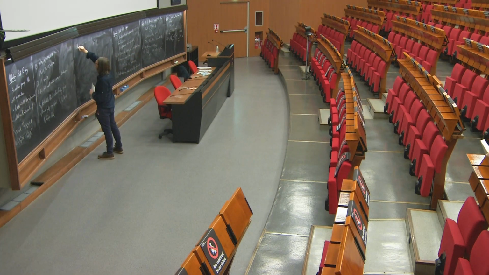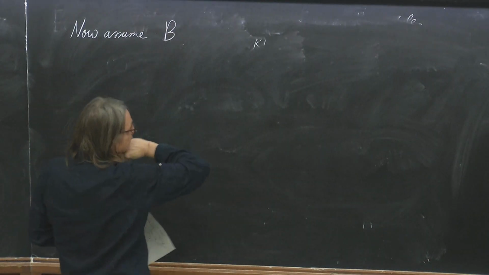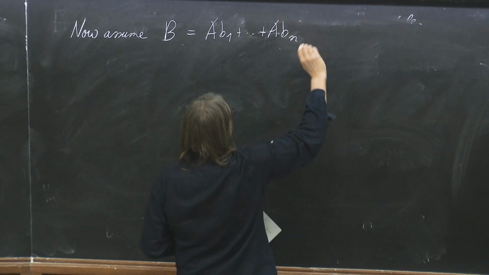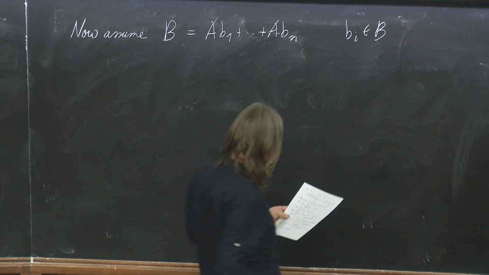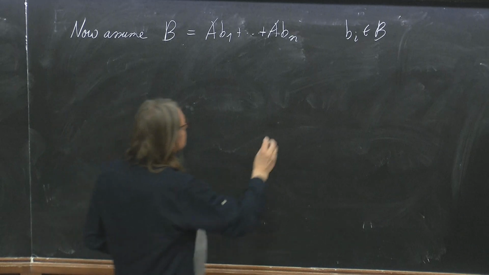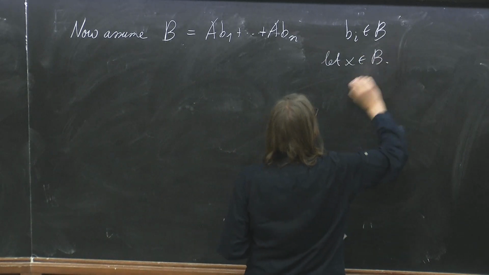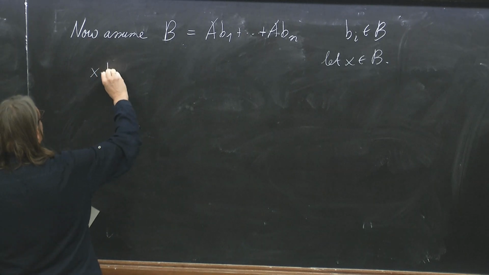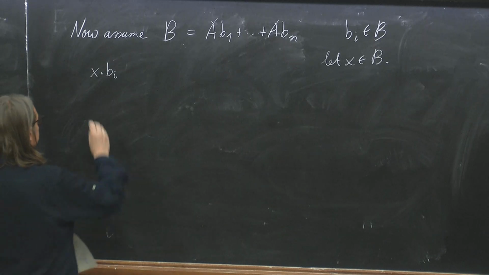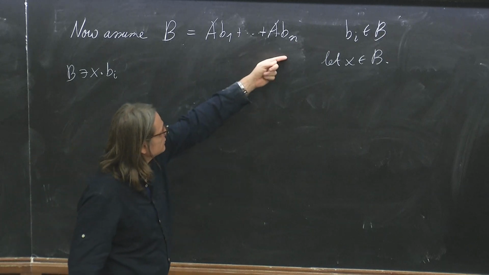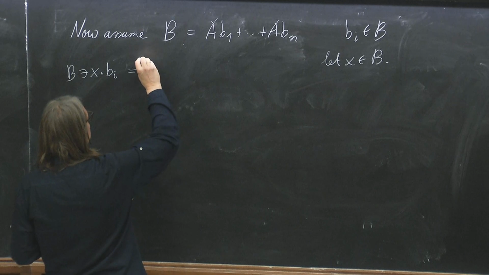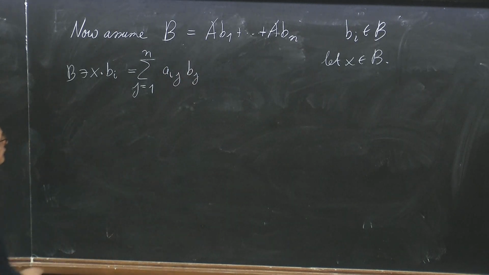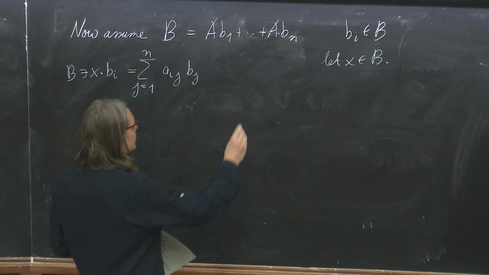So assume B can be written as A b1 plus ... plus A bn, where the bi generate B. And we take any element x in B. So then x times bi obviously is an element in B. And so we can write it as a linear combination of the bj's: the sum j equals 1 to n of aij bj, where the aij's are some elements in A.